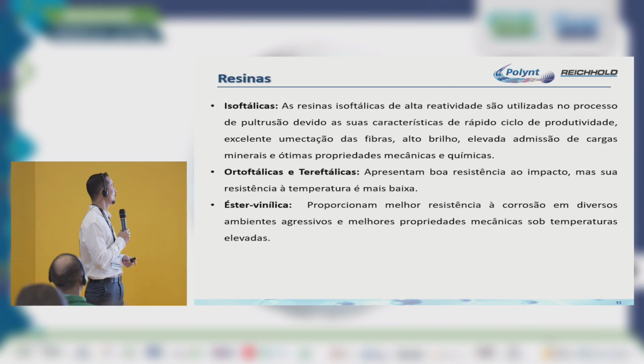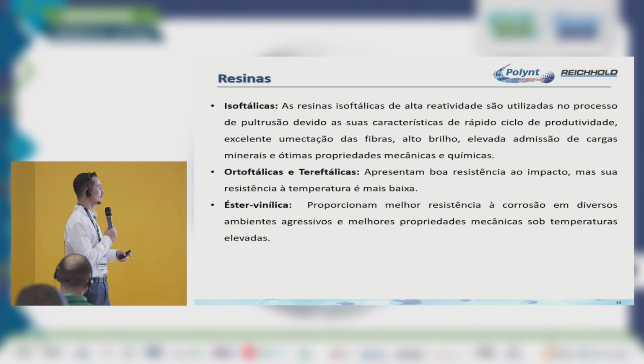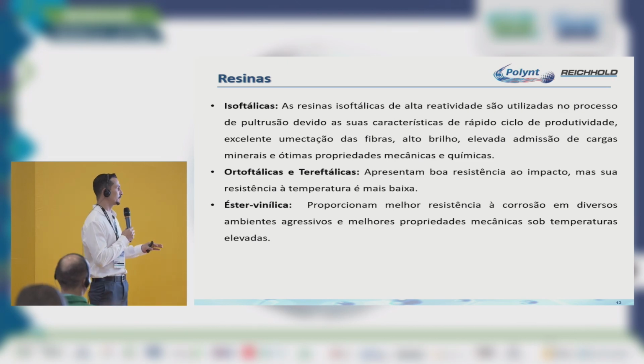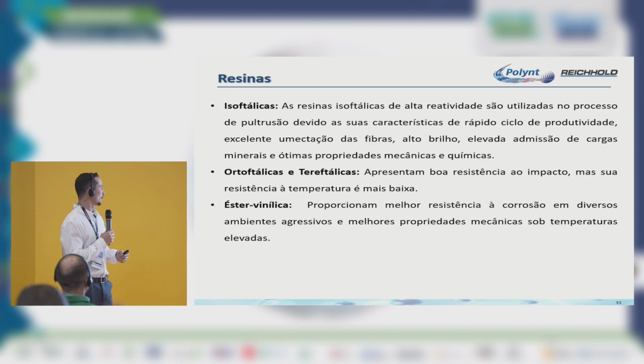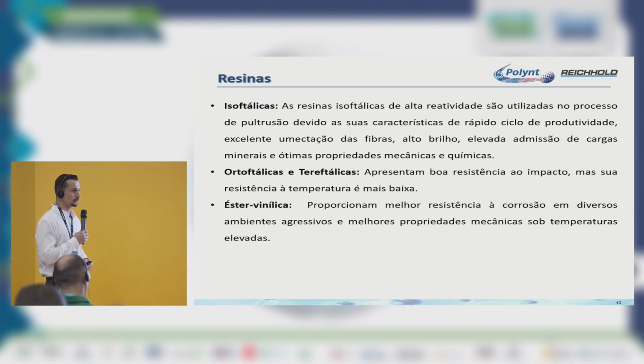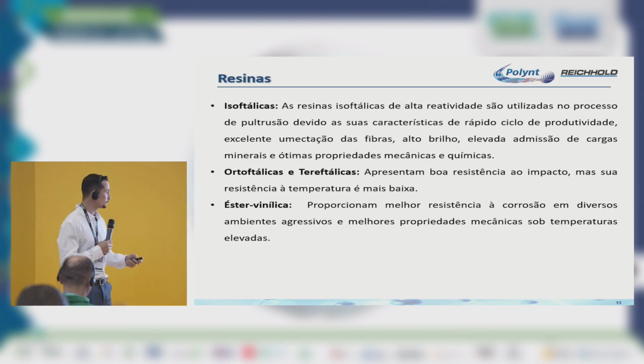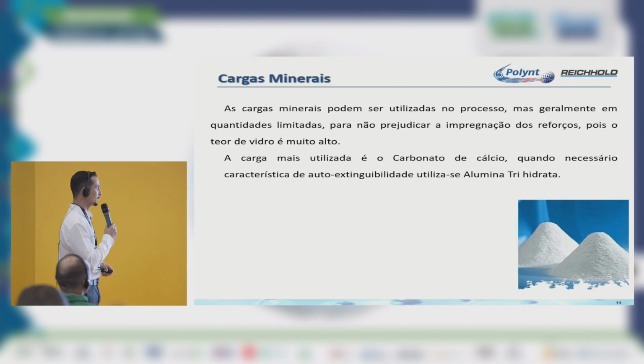They need to have a rapid production cycle, good wetting of fibers, very shiny, easily admit the fillers. The ortho and terephthalic have to be very impact resistant, but they are not very resistant to high temperatures. The vinyl ester resins have better rust resistance or corrosion resistance and work very well under high temperatures.